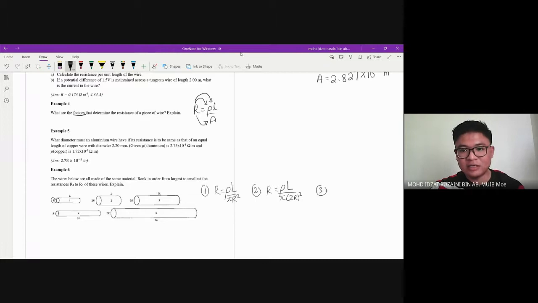The third, you will do R is equal to rho 2L over pi 2R square. The fourth, R equal to rho 2L over pi R square.